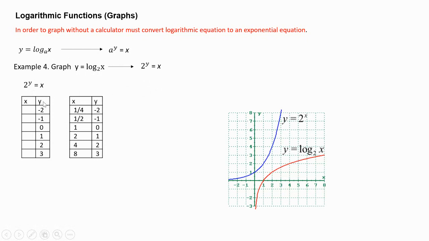And I did this on the previous slide. But instead of plugging in for the y here, it was the x because it was 2 to the x equals y. But anyway, these are my x values that we get when we plug in these values for y. So this is a graph of the logarithmic function, and this is the one that we graphed on the previous slide.